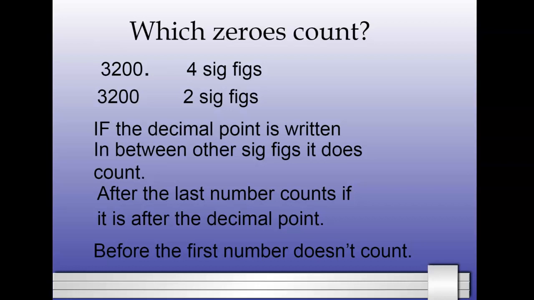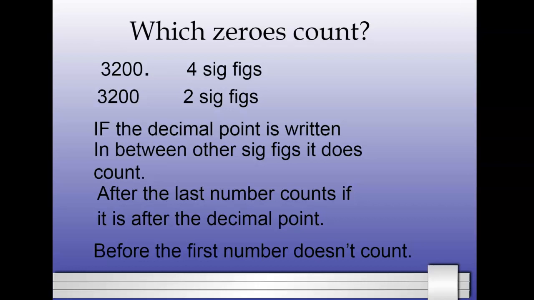So, zeros at the end, as long as there's a decimal, those zeros count as significant digits. However, zeros at the end with no decimal place do not count, as are zeros that are leading zeros. Leading zeros never count.